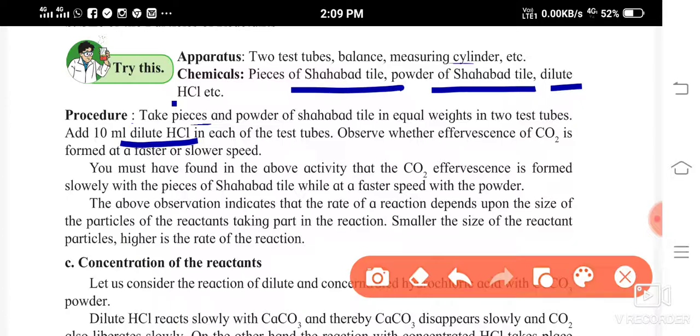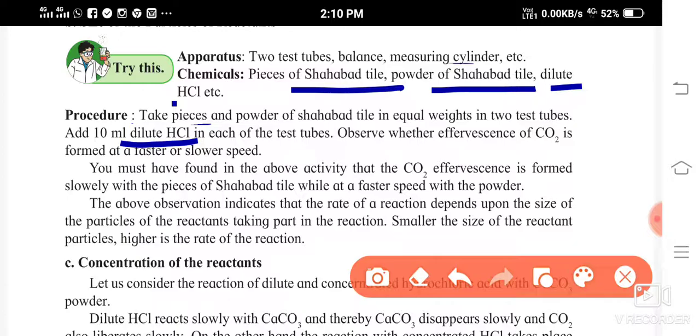So in one test tube you have taken pieces and in the other test tube you have taken powder. In both you add dilute hydrochloric acid. Then observe whether effervescence of carbon dioxide is formed at a faster or slower speed, and how fast or how slow it is formed in both test tubes.